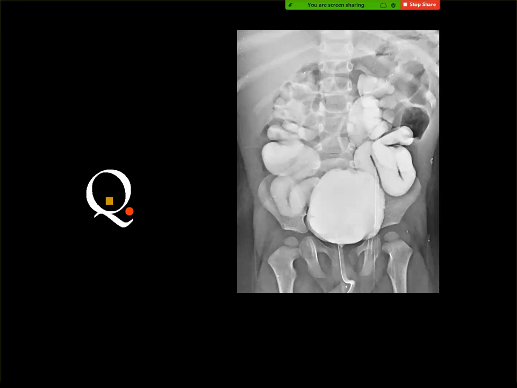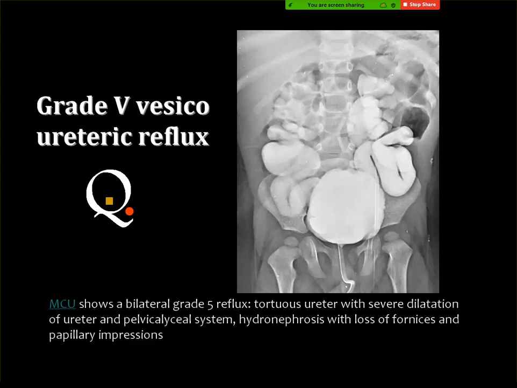Megacystis megaureter. Grade 5 vesicoureteral reflux, type 5. Yes. There is a small point here on how to differentiate between both.